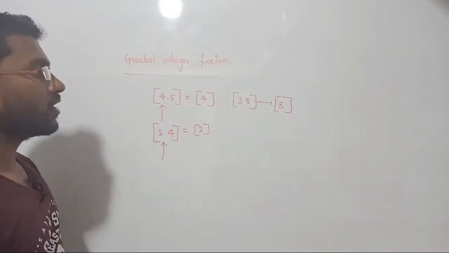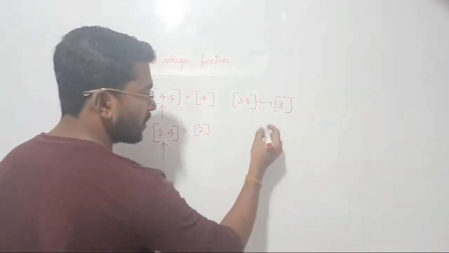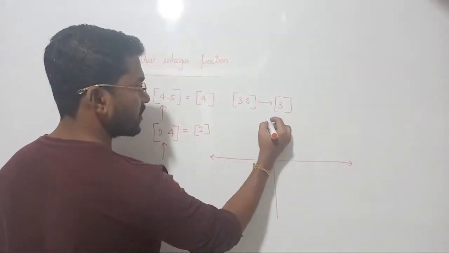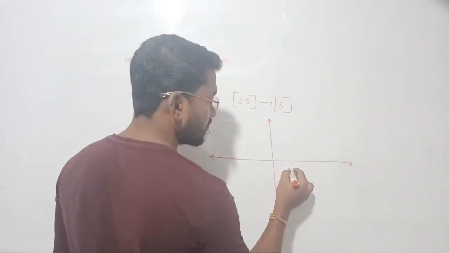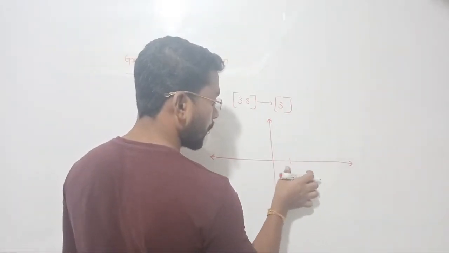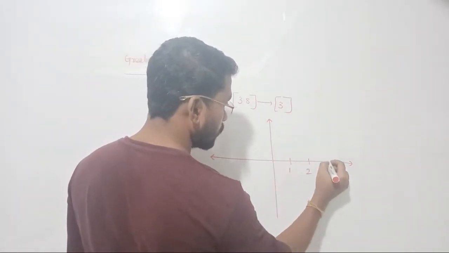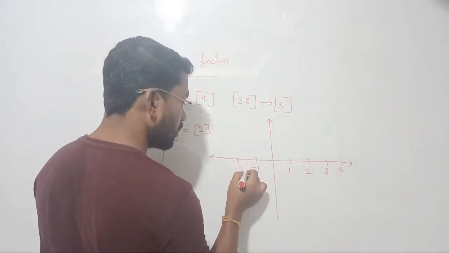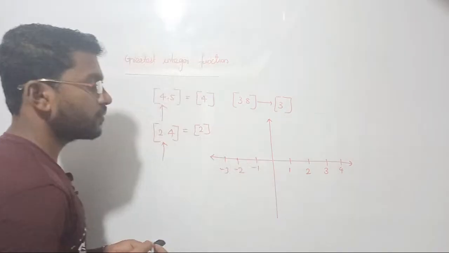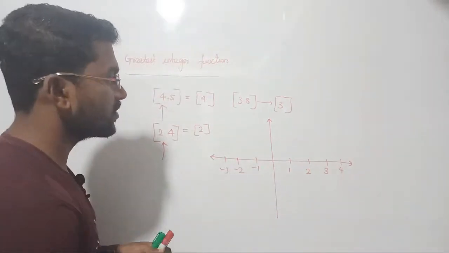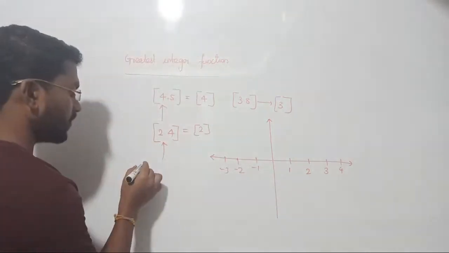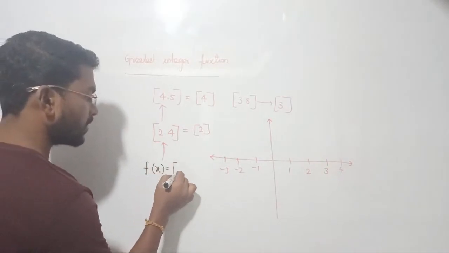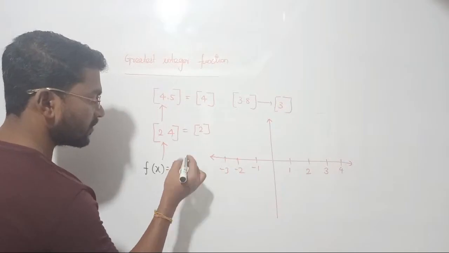So that is how we are plotting the greatest integer graph. Let's start and draw the plot for the greatest integer curve, very simple. Let's take 1, then 2, then 3, then 4. Let's take -1, -2, -3. Let's plot the graph. The function can be defined as f of x equals the greatest integer with respect to x only.